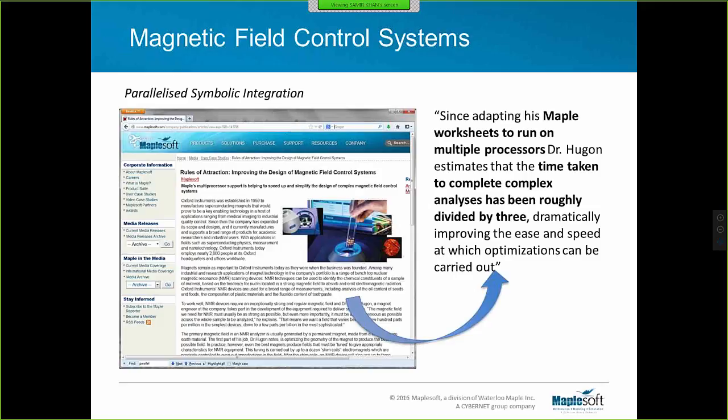They sent their Maple worksheet to us and asked us to find ways of making it quicker and more efficient. We split up the calculations so that they executed in parallel using Maple's local grid computing tools. This typically reduced calculation times on an 8-core laptop by a factor of 3. That's a real tangible time savings, a real productivity benefit.